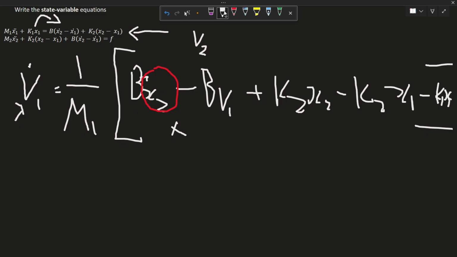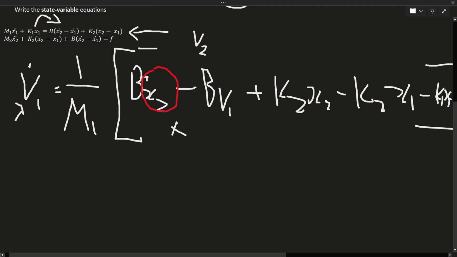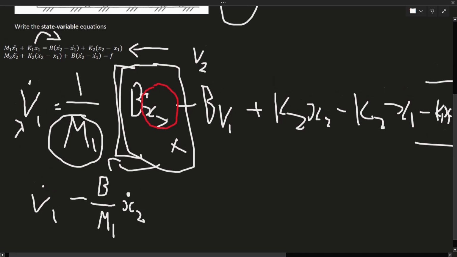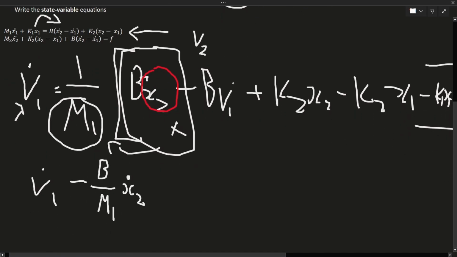Whenever you have a problem like this, all you have to do is send this to the other side. So it's going to be v1 dot, and keep in mind that there's this m1 over here, so it's going to be negative b divided by m1 x2 dot. Now we have to consider this as a new state variable, because when we bring this to the other side, everything is good.